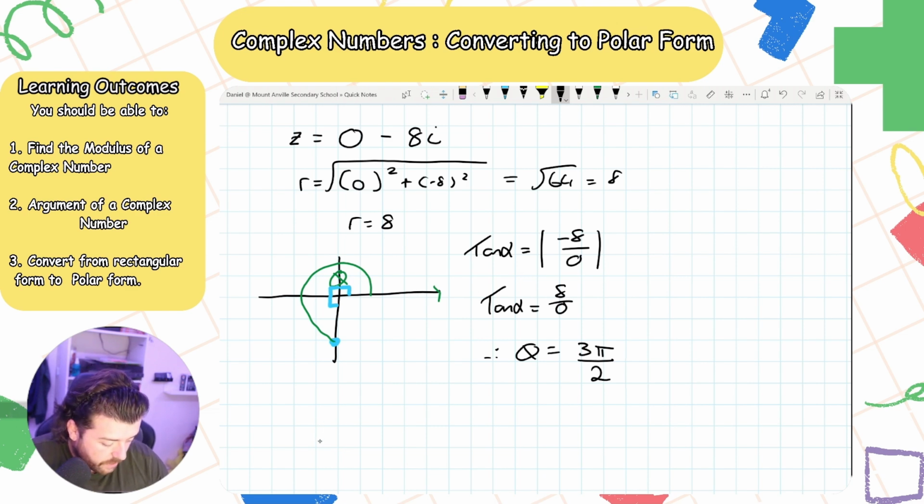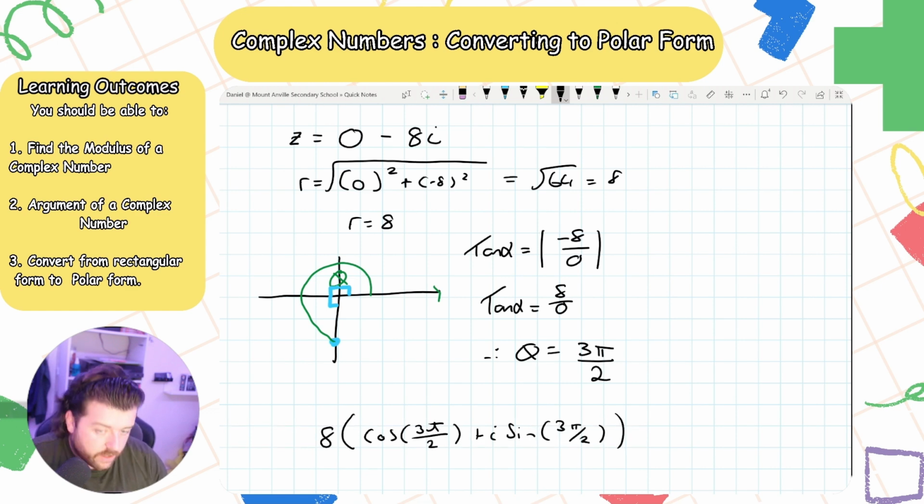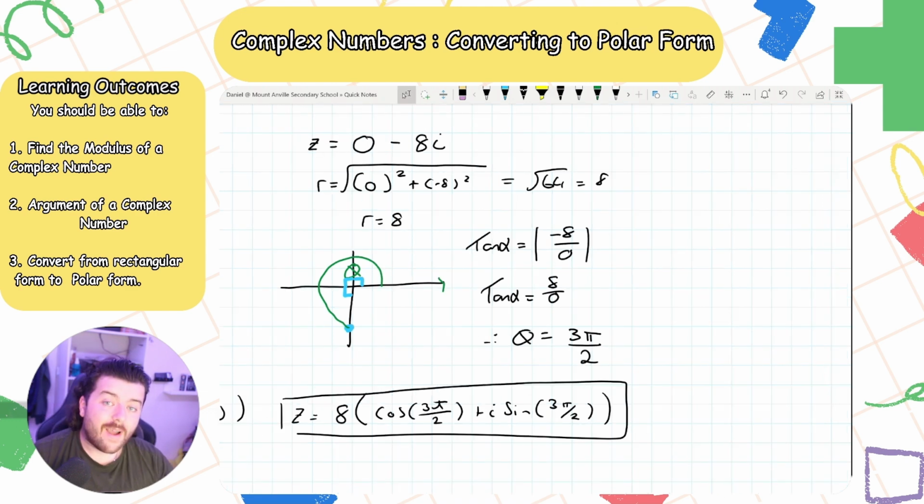And to convert this to polar form, it would be 8 times cosine 3 pi over 2 plus i sine 3 pi over 2. Right, and that is converting to polar form. I hope you enjoyed this video, and I'll catch you guys later. Bye.